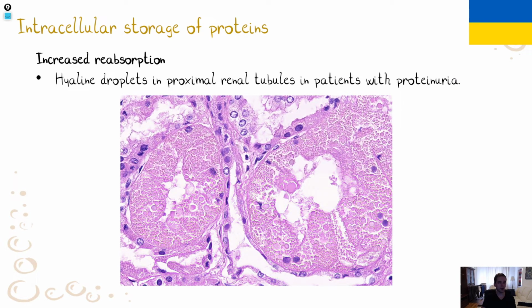A typical example of increased reabsorption of proteins can be manifested as hyaline droplets in proximal renal tubules in patients with proteinuria. A common cause of proteinuria in adult patients is diabetes.